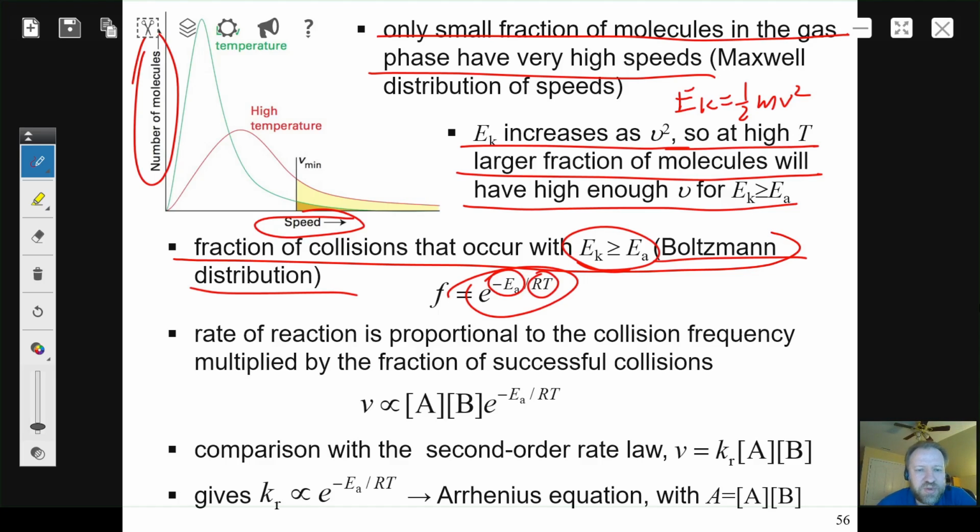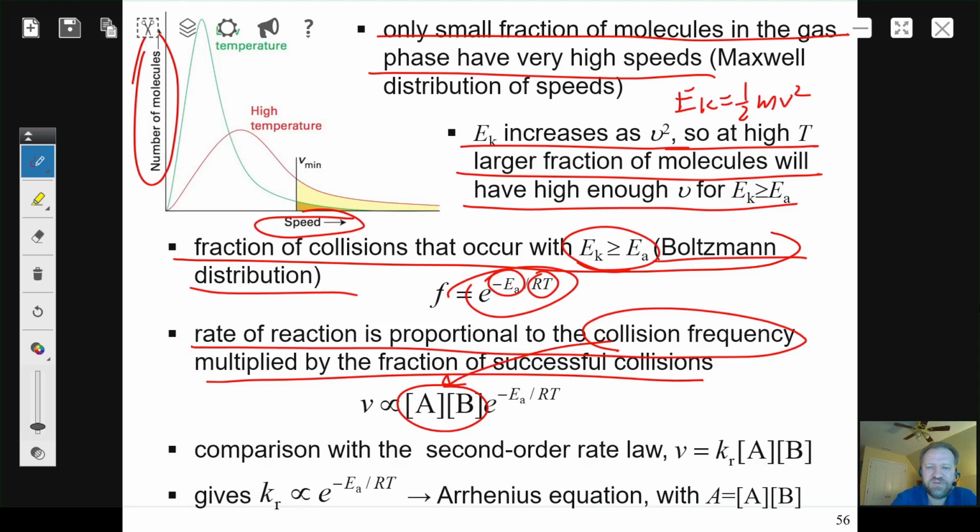Therefore, we can conclude that the rate of reaction will be proportional to the collision frequency, which we know in turn depends on the concentrations of reactant species A and B, multiplied by the fraction of successful collisions that allow molecules to go over the activation barrier.